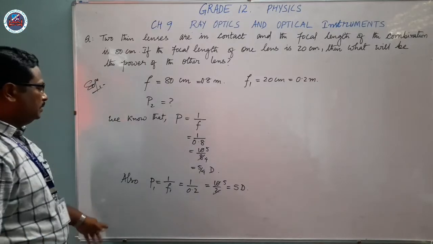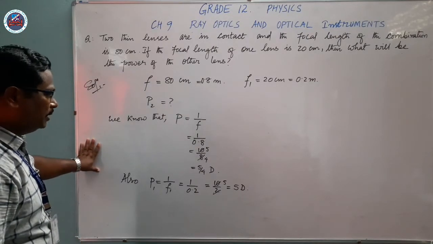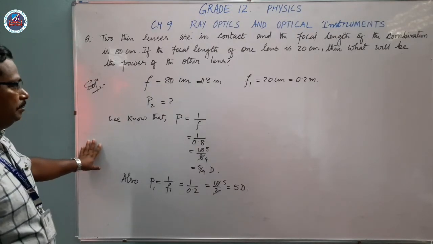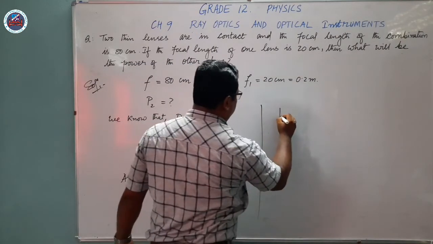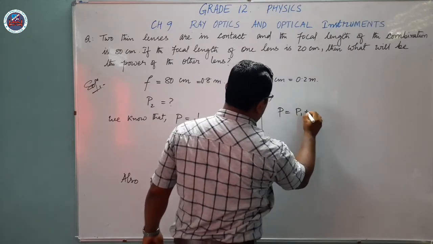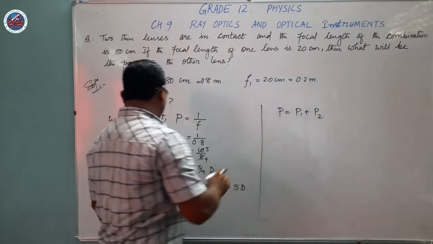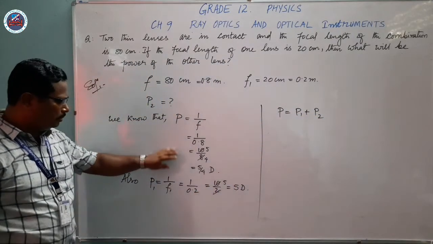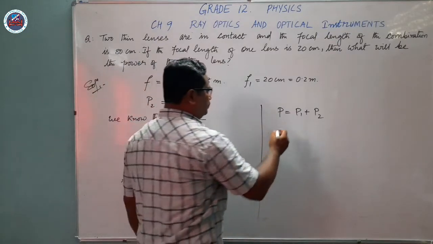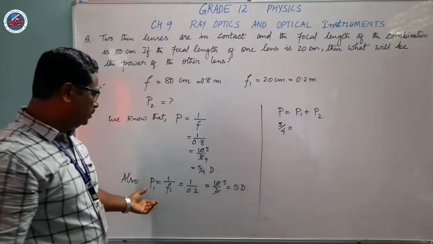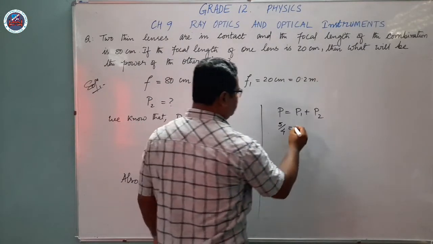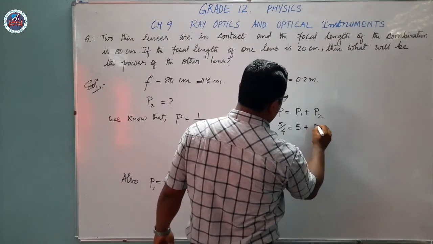After finding this, you can use the formula P equal to P1 plus P2. Now the P value, the power of the combination, you know is 5 by 4. P1, the power of the first lens, is 5 diopter, plus P2.